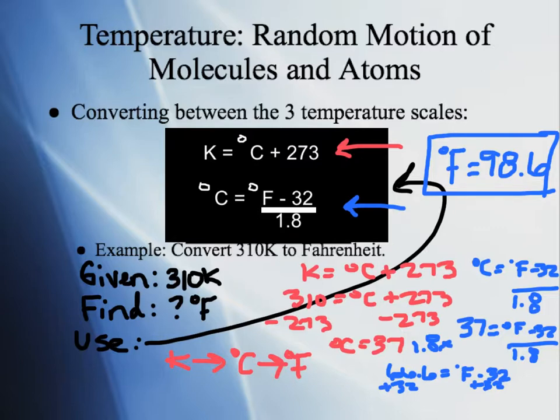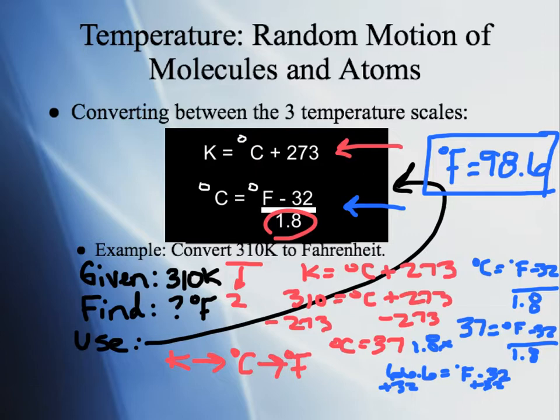However, if you are a really good chemistry student, you would be like, hey, sig figs, what about those sig figs? And you'd be totally right. If we take a look at the number that we start with, how many sig figs do we start with in our given? 2. And remember, equations and things within the equations, like this 1.8 and such, don't count for sig figs.